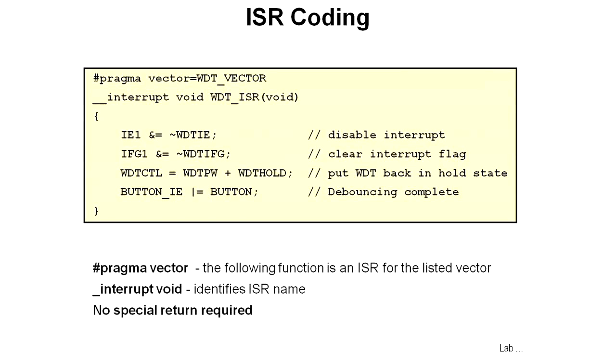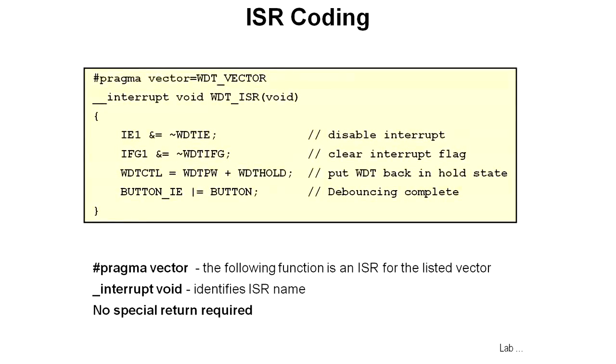This #pragma up at the top identifies this function as the interrupt service routine for the listed vector, WDT_VECTOR. If you go back to the previous slide, you'll see that the watchdog timer vector is at that exact address.